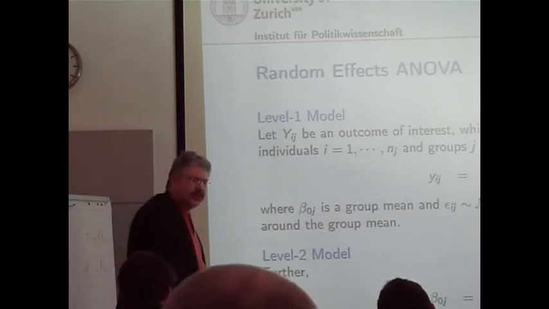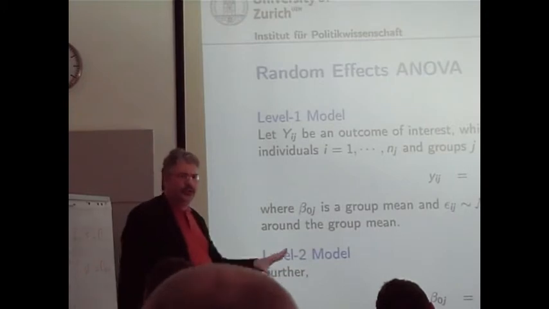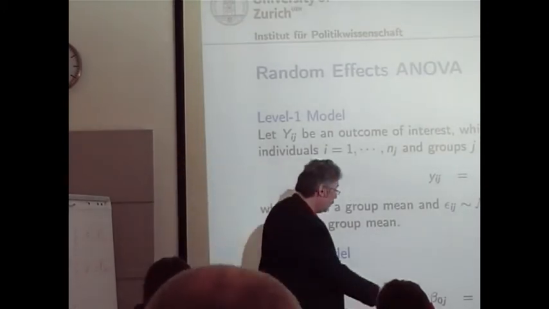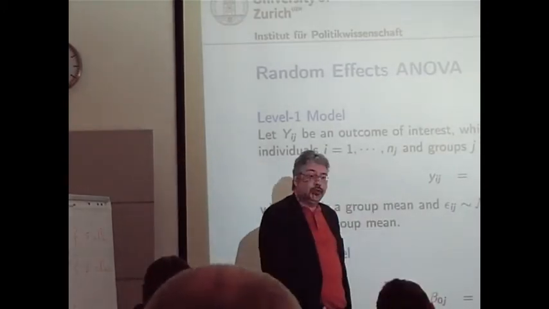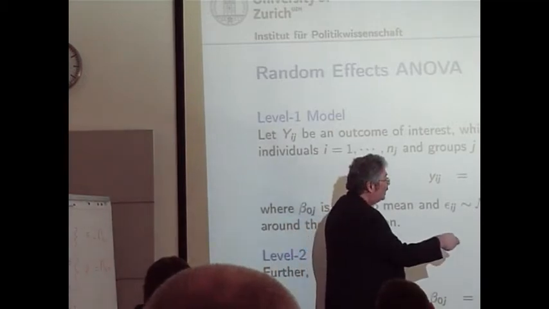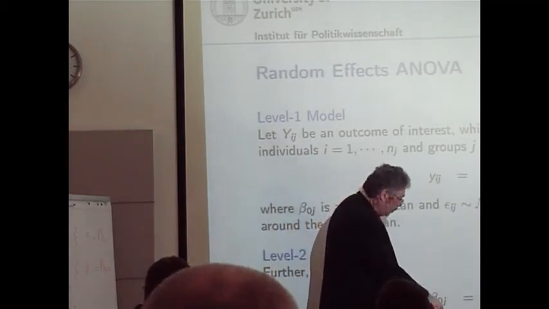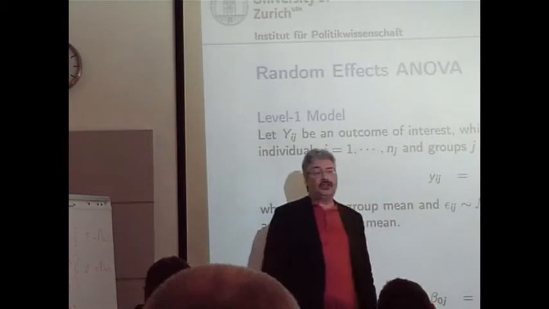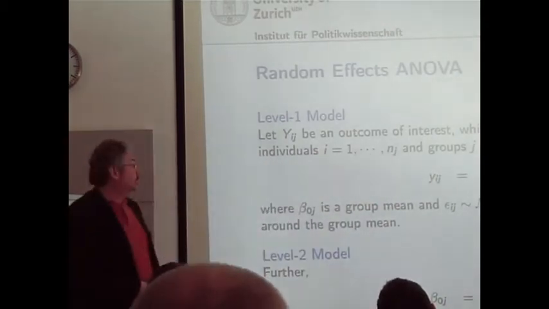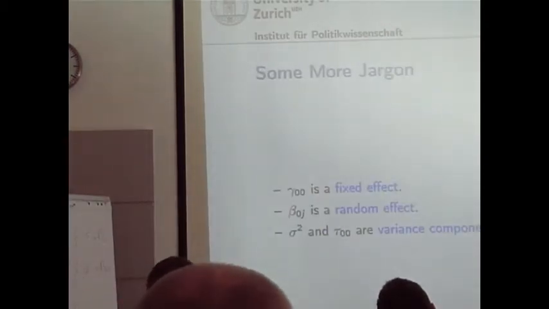So what we actually are going to do now in terms of the estimation is we want to estimate this thing, the grand mean. We want to estimate the variance of the epsilons, and we want to estimate the variance of the deltas. So here is some more jargon.